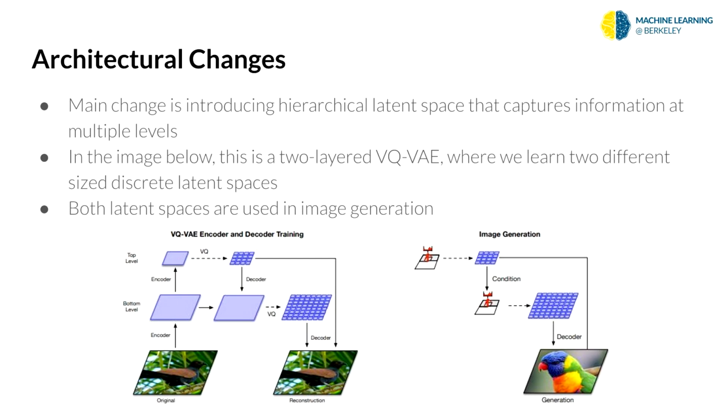When we want to reconstruct images, we again use both of these latent spaces and pass them through the decoder, and we're able to learn an image with more fine details. Does this overall idea make sense of why they would use multiple latent spaces?